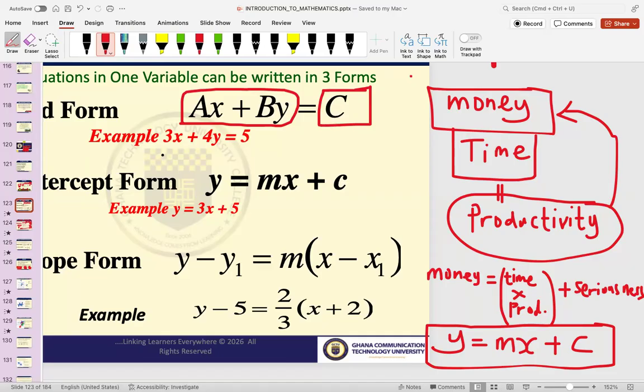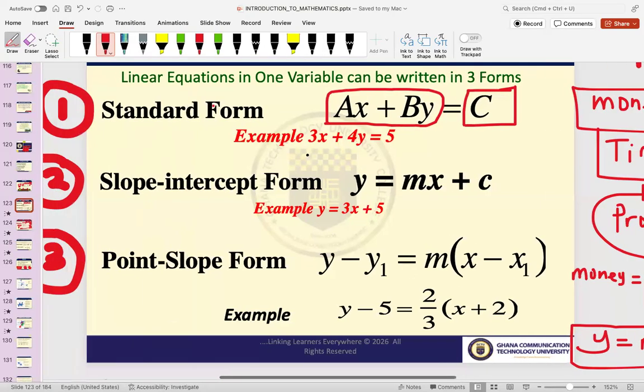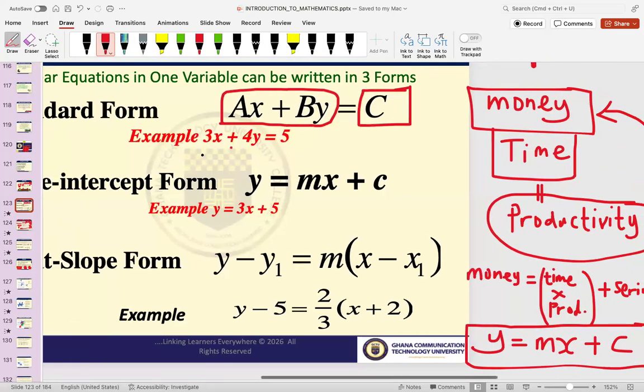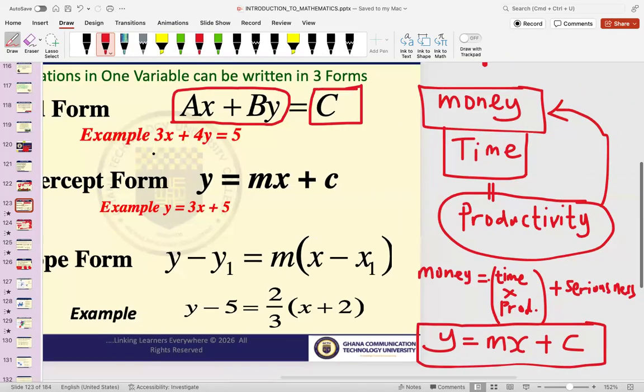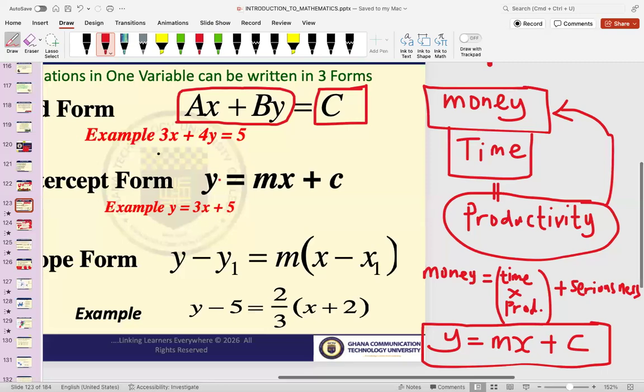So the more serious you are, the more productivity you will make, the more money you get. That's one way of going about it. The second way is what I've explained here, that you are working with time and productivity and you are adding seriousness to it. Once you do that, you will get more money.